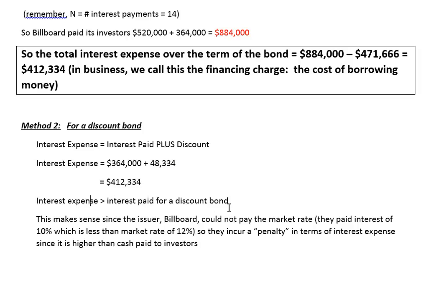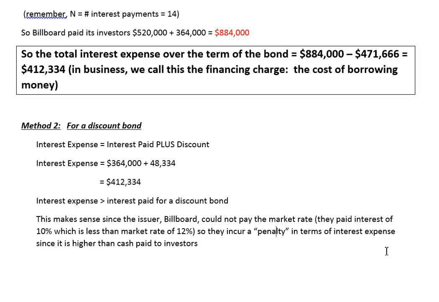So the issuer, Billboard, is booking more interest expense than they normally would because they couldn't afford to pay the market rate. They decided, for whatever reason, not to pay the market rate for this bond that they want to issue. They're paying the coupon, which is less.